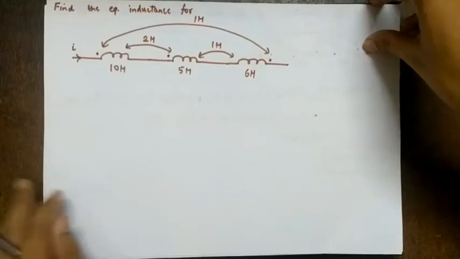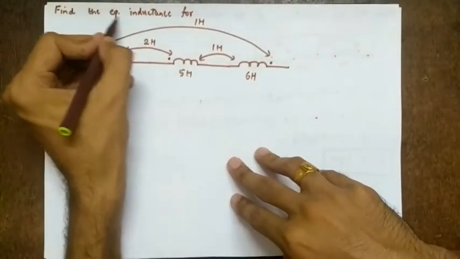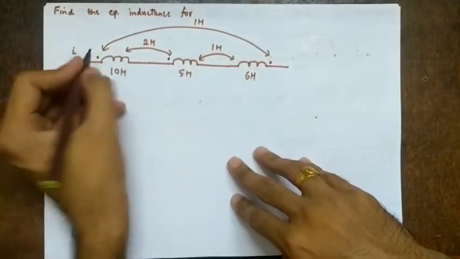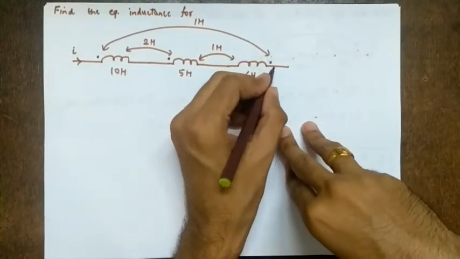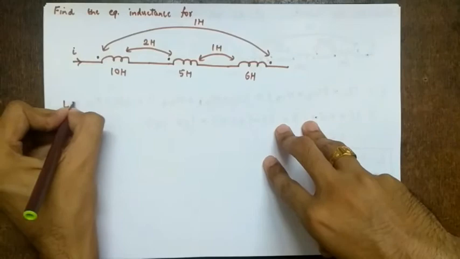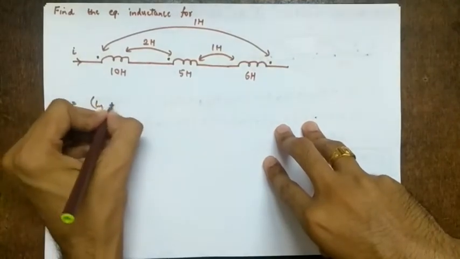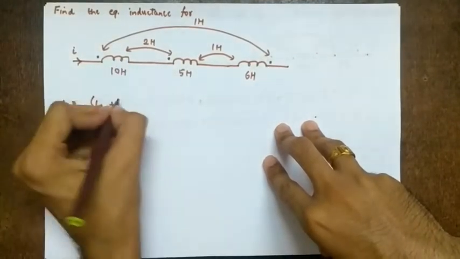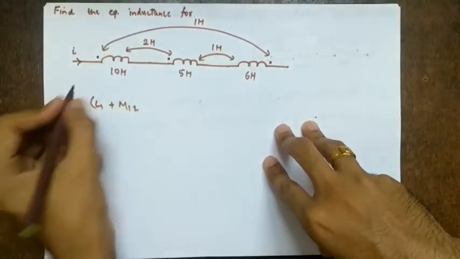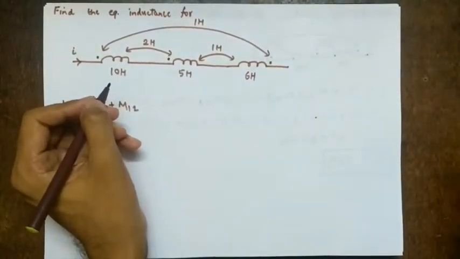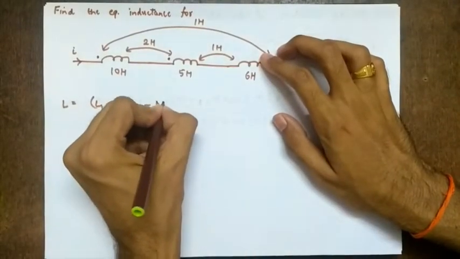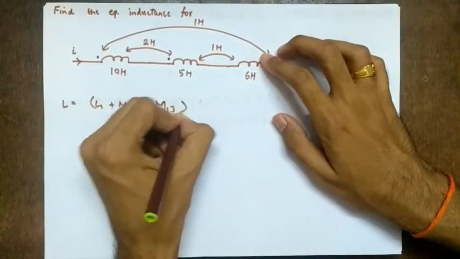So let's see a question which includes opposing also. Now same question, find the equivalent inductance. What is the thing here? For this it is entering, but for this it is exiting. So it is an opposition here. So again L equal to, let's take L1 plus M12, both are entering, so plus. For M13, it is exiting, so minus M13.